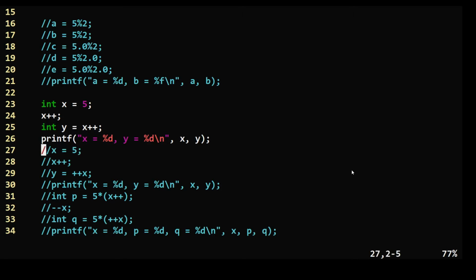Right? Now let's do something else. This over here is a prefix operator. We're doing the same thing with a minor difference. Here we were doing x plus plus, now we are doing plus plus x. Now we make x 5 again, we increment it to 6. Now we do this prefix operator.